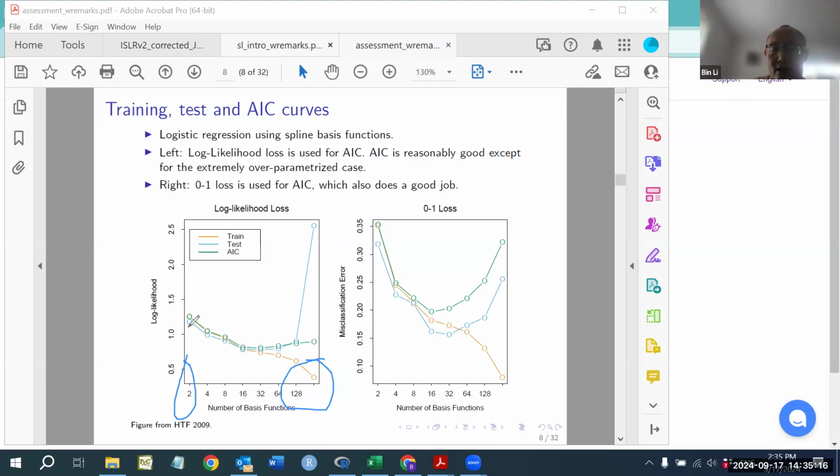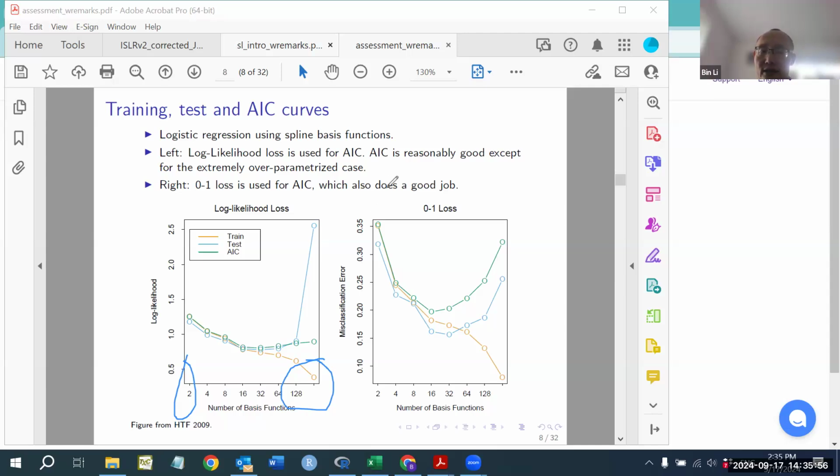You can see the training error, the orange curve, monotonically decreases as the model complexity increases. But the test error, the blue curve, is U-shaped. And the AIC curve, the green curve, has a similar shape to the test error. That gives us some confidence that we can use the AIC as a proxy for the test error performance, so we can use the AIC to select an optimal model.